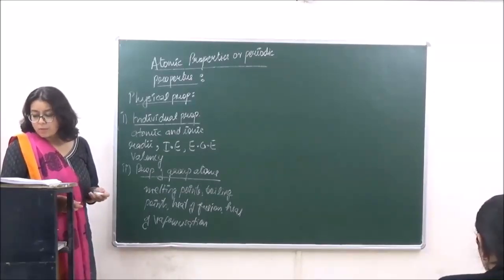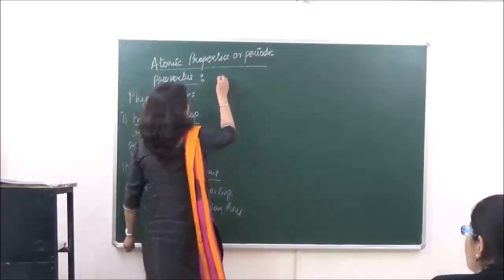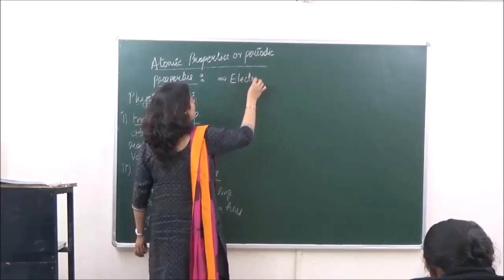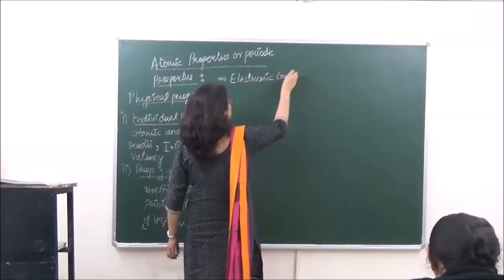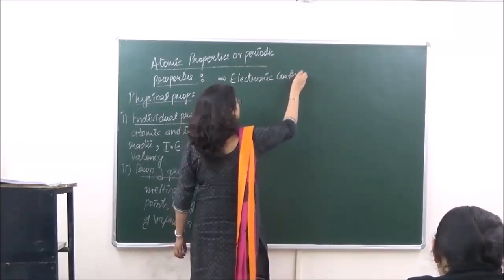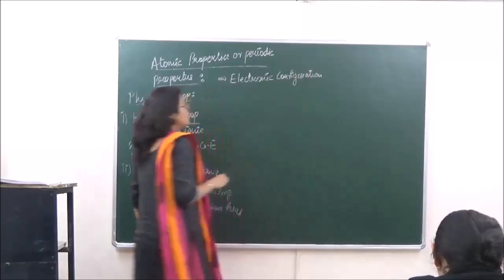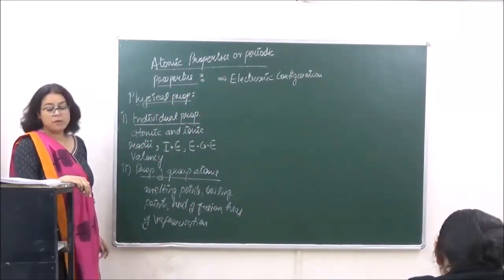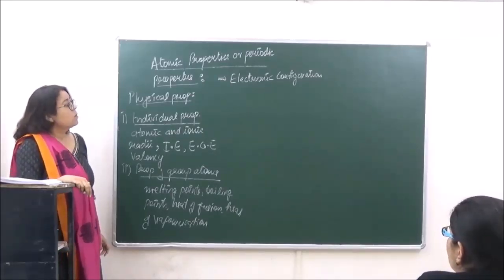Now all these properties, directly or indirectly, are going to depend upon one factor, which is the electronic configuration. Electronic configuration has a big role to play when we talk about periodicity in the properties. Why?